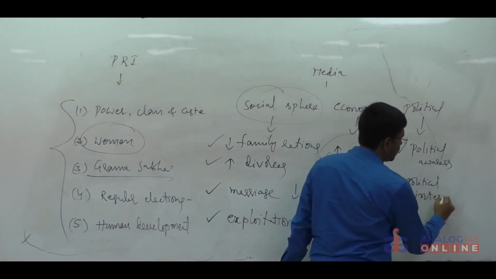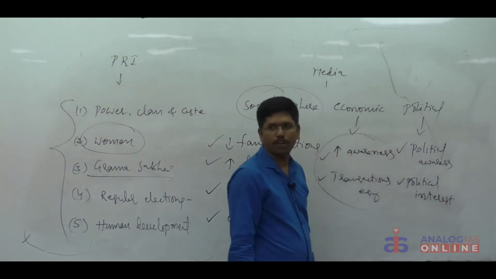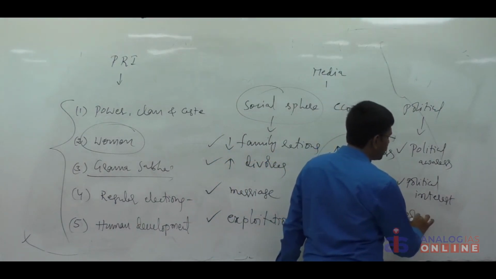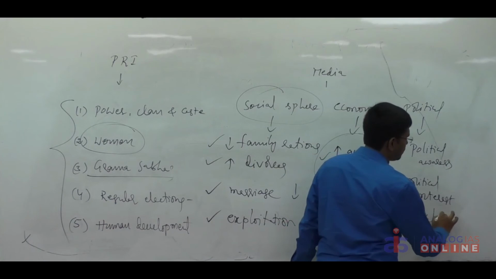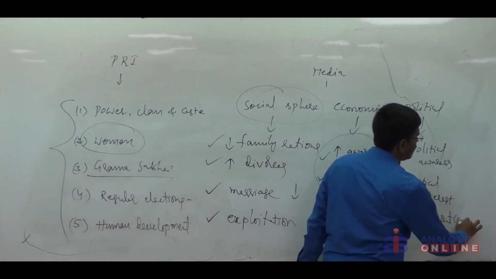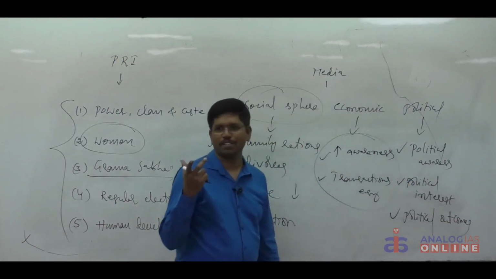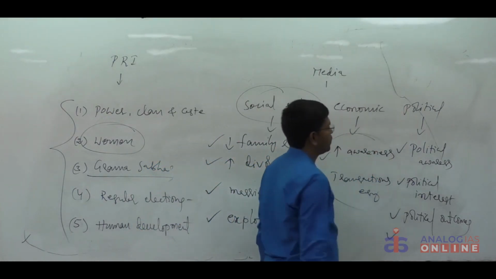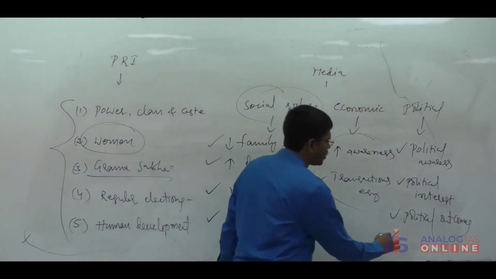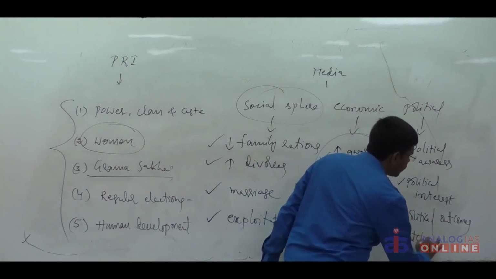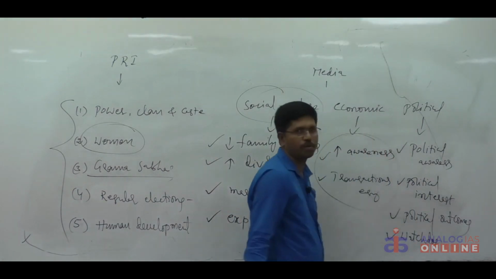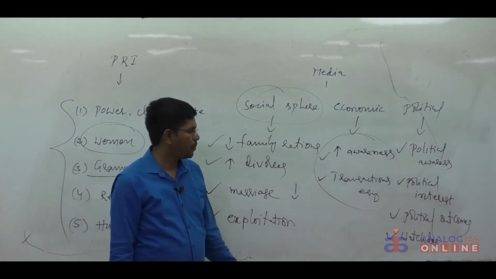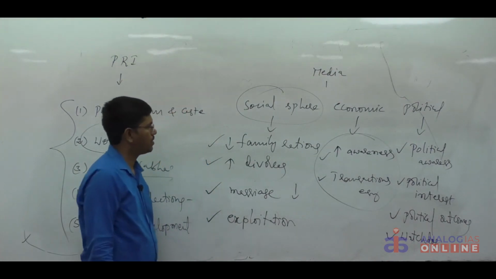They stimulated political interest, and at the same time they are responsible for influencing political outcomes also. The media can project a normal person as a big leader also, and apart from this, media acts as a watchdog on the functioning of the government. It acts as a watchdog on corruption, nepotism, favoritism, all these aspects.